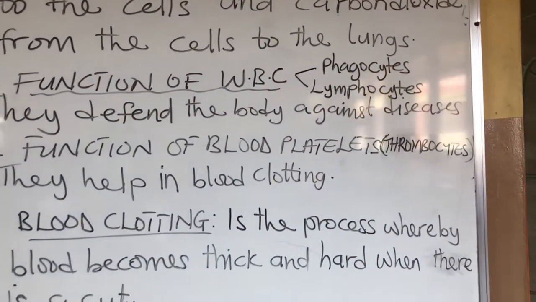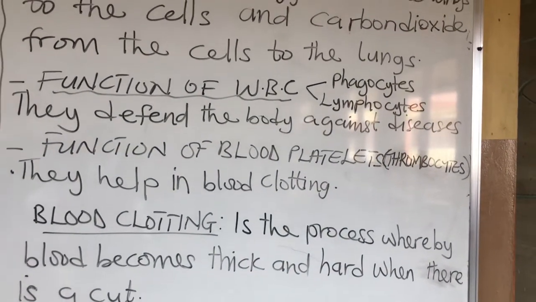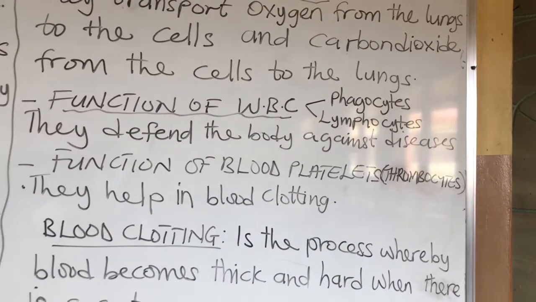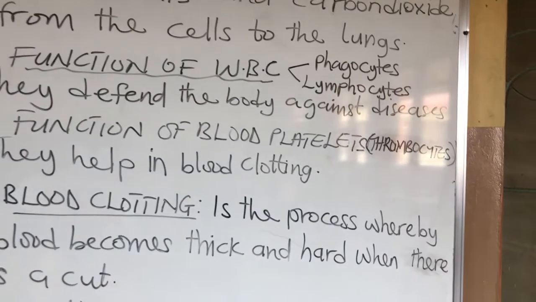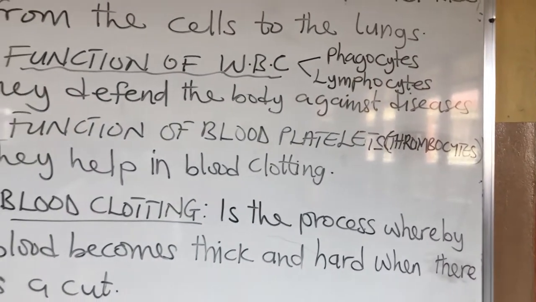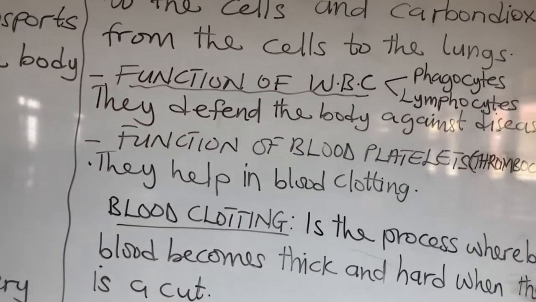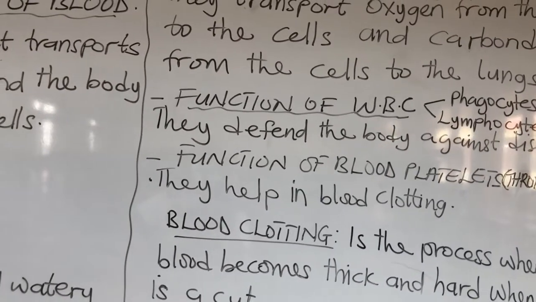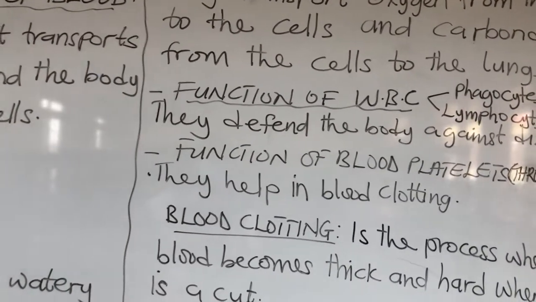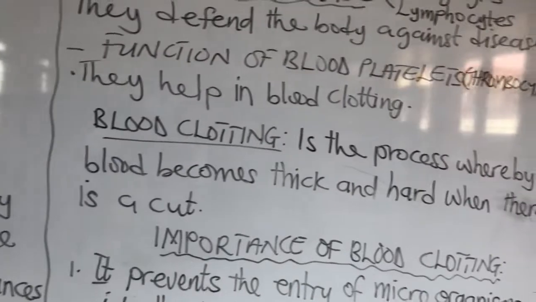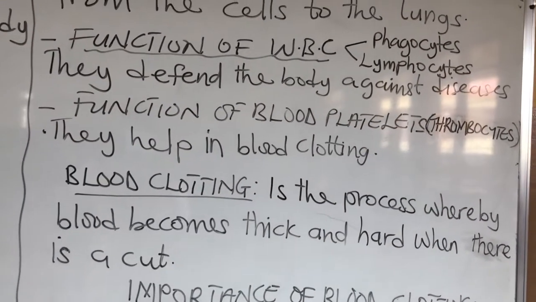That is the phagocyte. And the lymphocyte functions by producing antibodies. That is a chemical substance to fight diseases that enter the body. And therefore, the function of the white blood cell, as I've told you, is to defend the body against diseases.